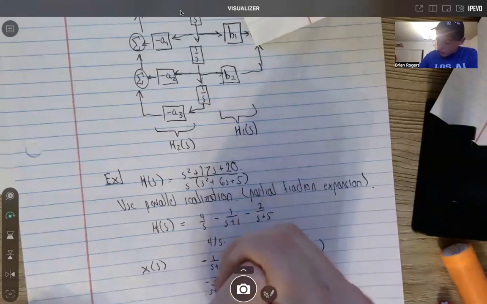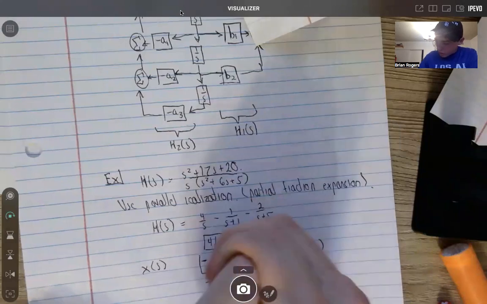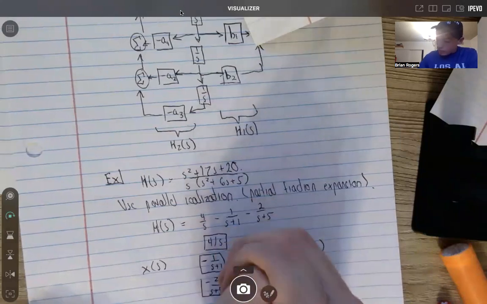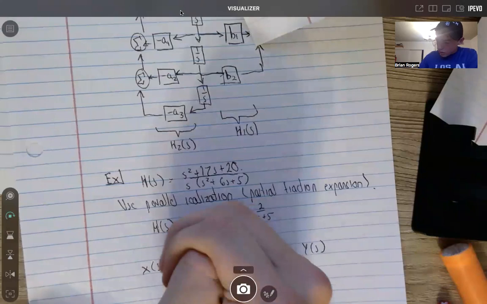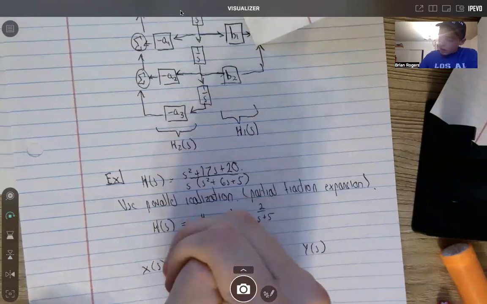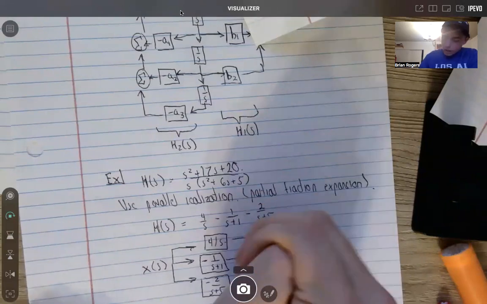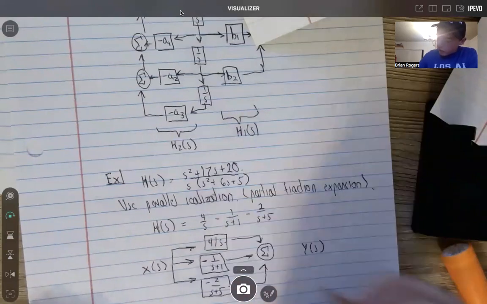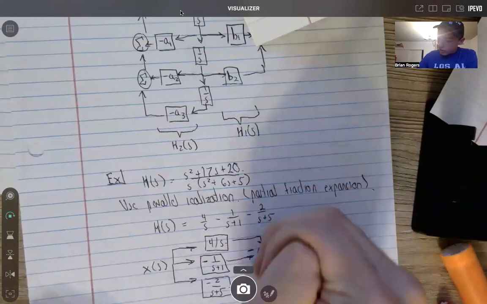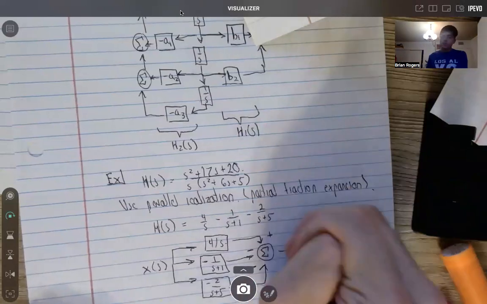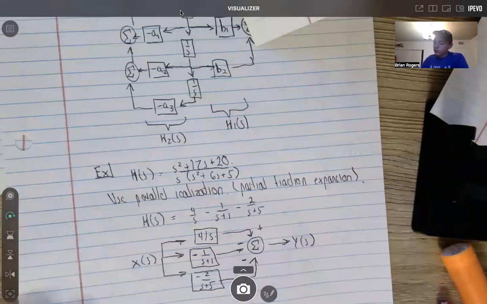So you're going to have these three blocks, and then it's going to go here. And so you're going to have a positive, a negative, and a negative, and that's going to form your Y of S. And so that would just be parallel realization.